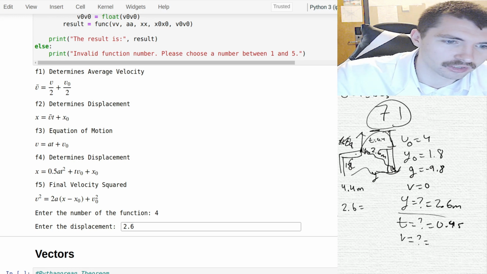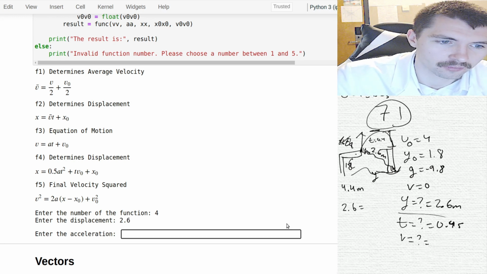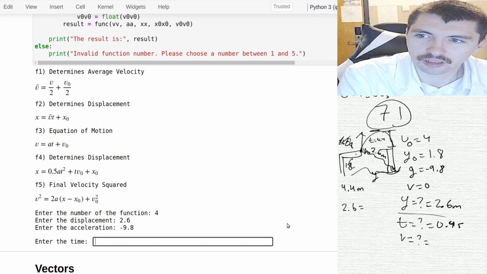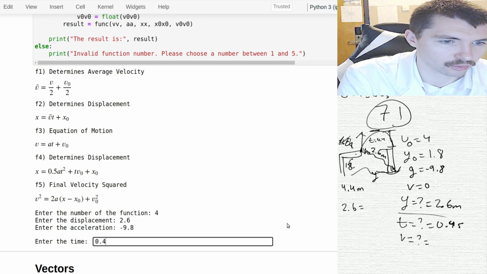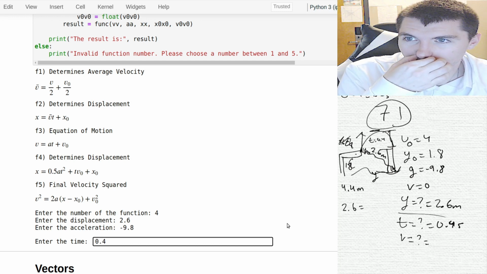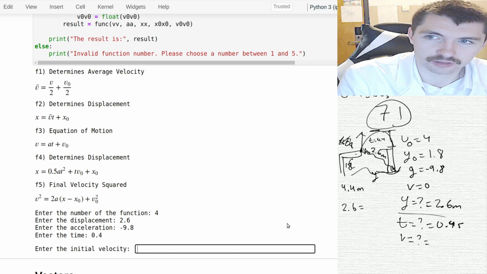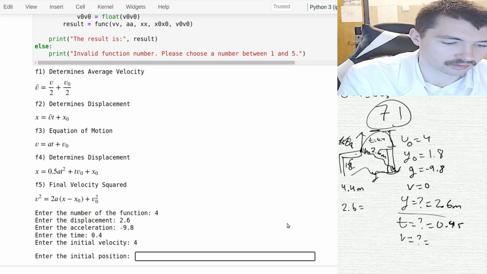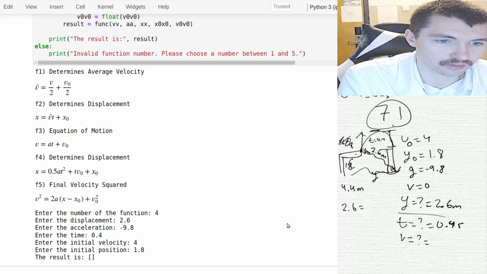So 2.6, 9.8, time 0.4. Velocity is 4. Position 1.8.